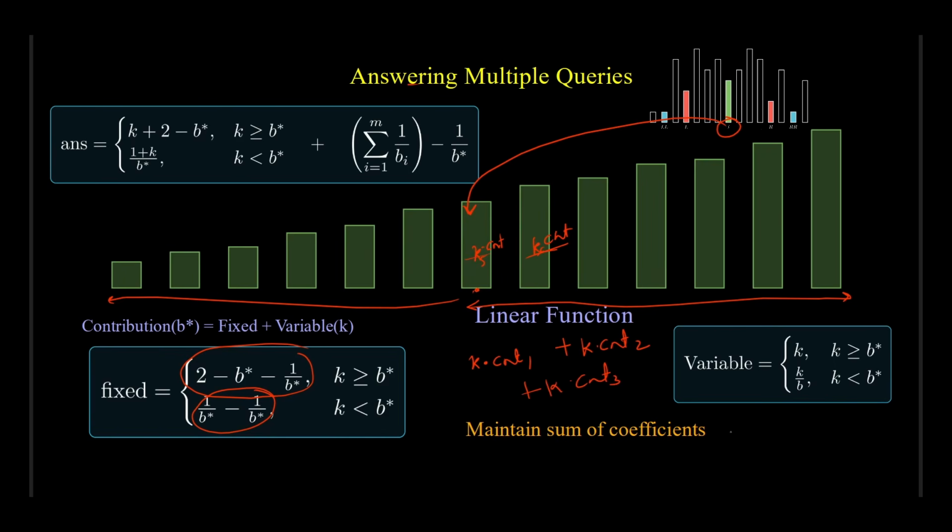So you can see that you can take out this k factor common, and you only maintain the coefficients of the k, right? Then you have to add the same coefficient to all of them, right? So this product thing now has become a sum.